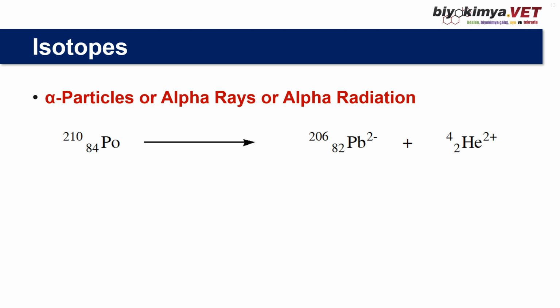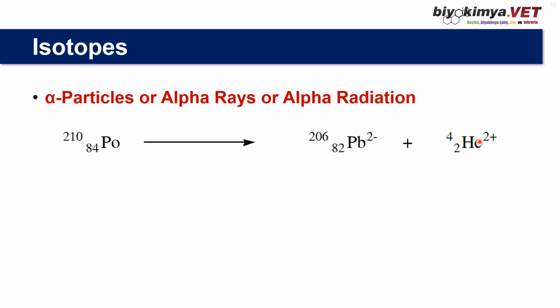It's a form of highly ionizing decay. It is also designated helium, as you see here, because of the bonds of two protons and two neutrons similar to those in the helium nucleus. So this is just a representation. Since alpha particles have atomic number 2 and mass number 4, they can also be considered helium-4 nuclei.